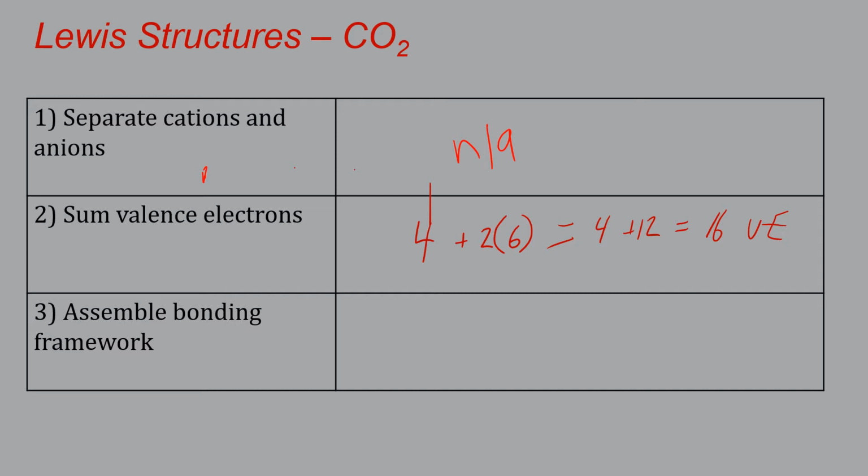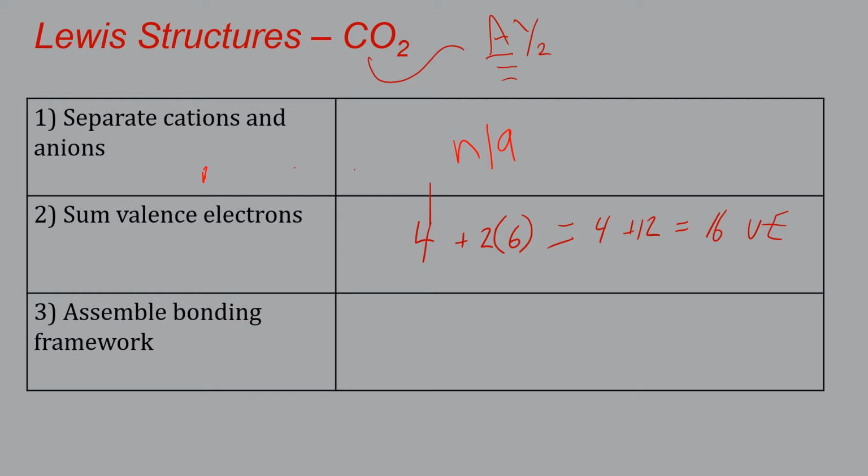All right, so the next thing is to assemble the bonding framework. And what do we mean by that? Whenever you see a molecule written like this, the first element, usually of which there's only 1 atom, that's going to be in the middle.